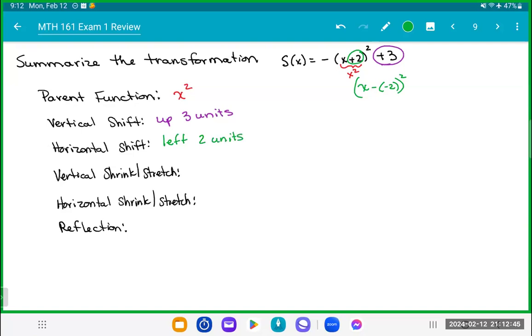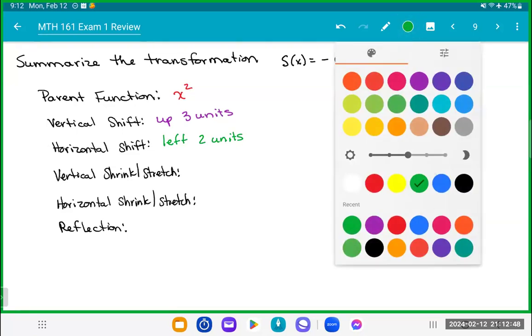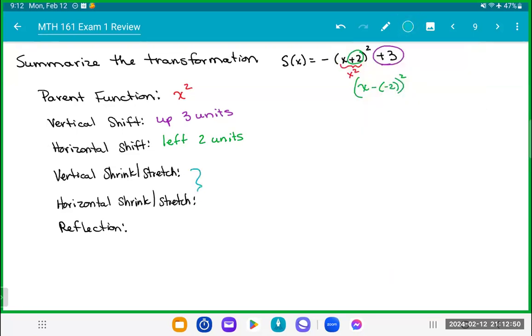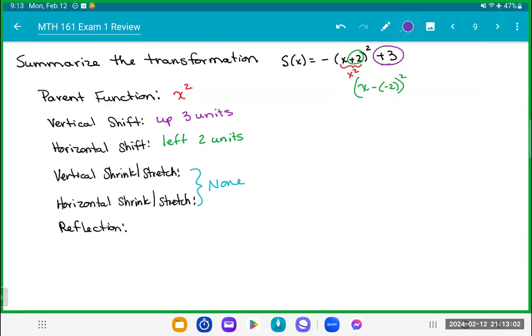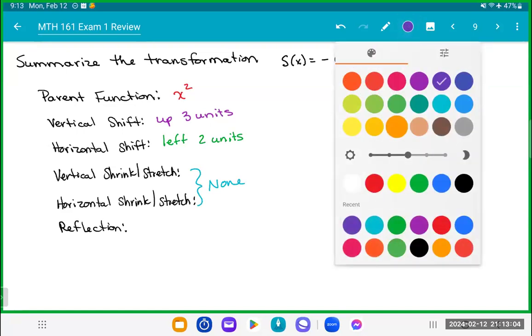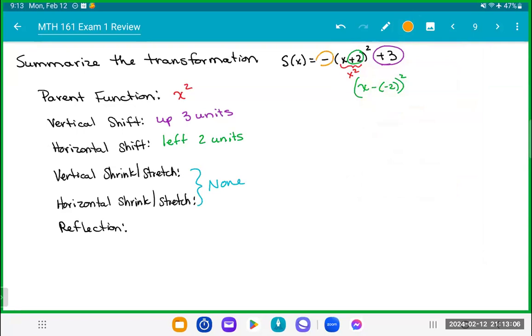Okay. Then when we look at our vertical shrink, stretch, horizontal shrink, stretch, there's actually none of those in that problem. But there is a, I already used purple. Let's use this one. There is a reflection here, and it is reflecting the x-axis. Okay.